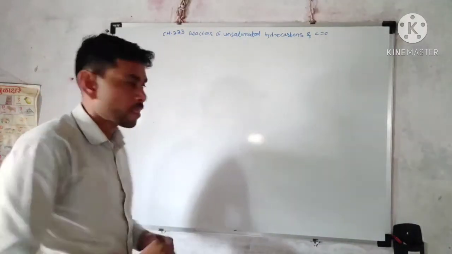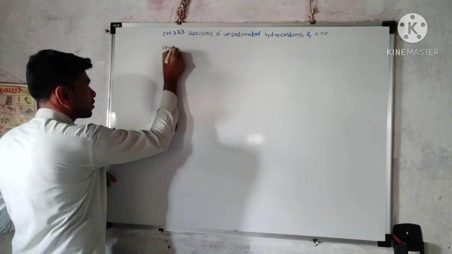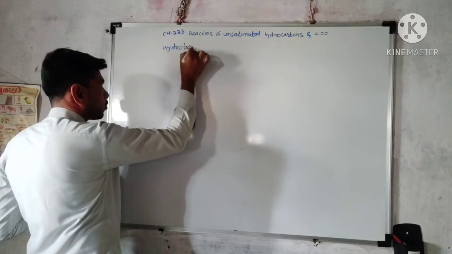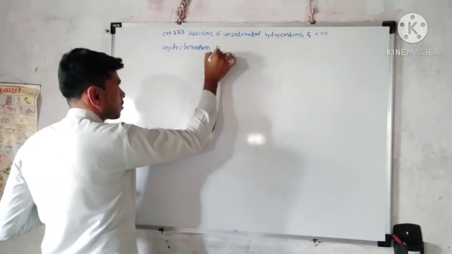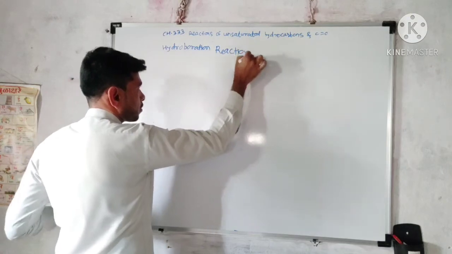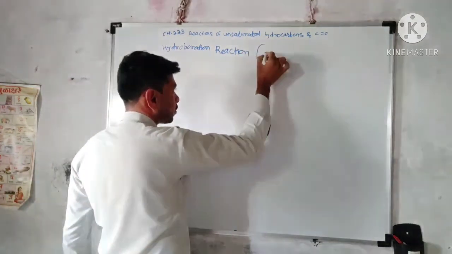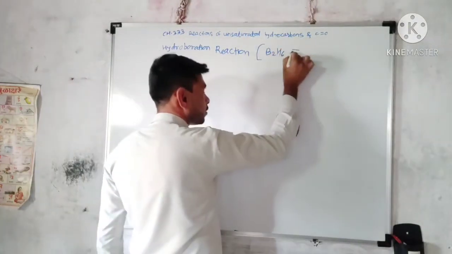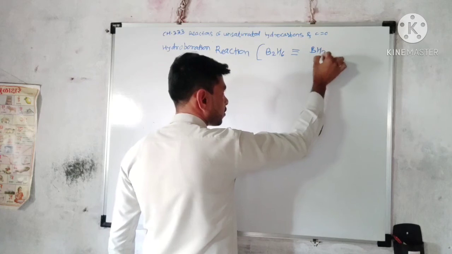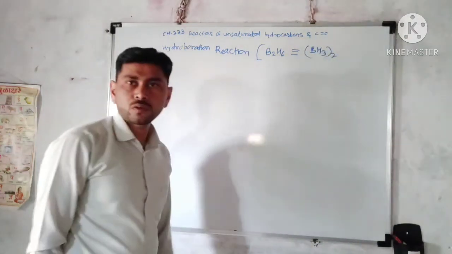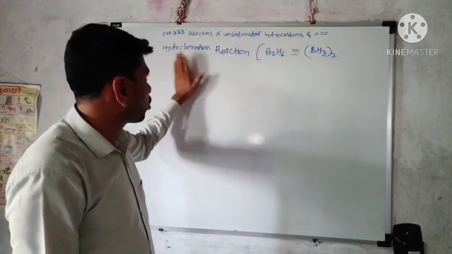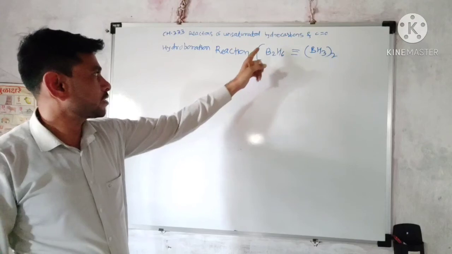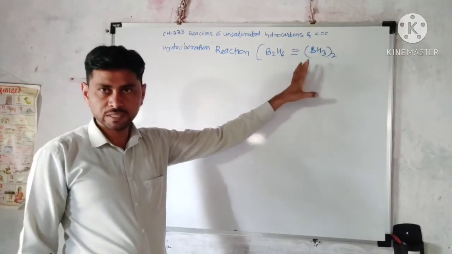So next is the hydroboration reaction, that is addition of diborane, B2H6, or it may be written as BH3 twice. Now we have to study this addition reaction, the hydroboration reaction of B2H6 or BH3 twice.